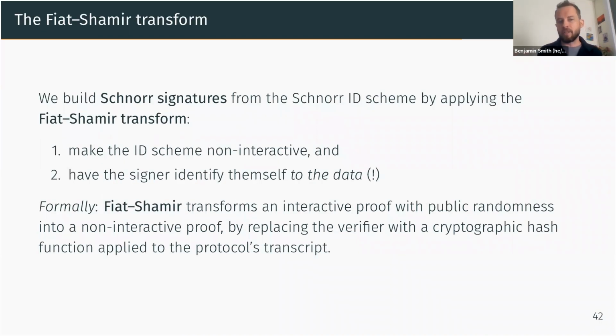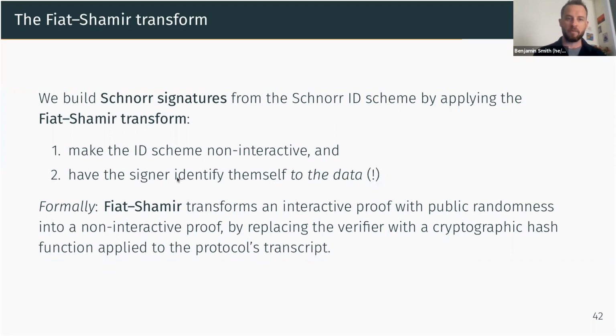And we apply the Fiat-Shamir transform to this. This is something which, if you don't know it, it's useful not just because you use it for elliptic curve signatures, but because it's one of the main tools that we use in theoretical cryptography to build signature schemes from algorithms. You make an ID scheme and then you Fiat-Shamir all over it, and there you have a signature scheme of some sort.